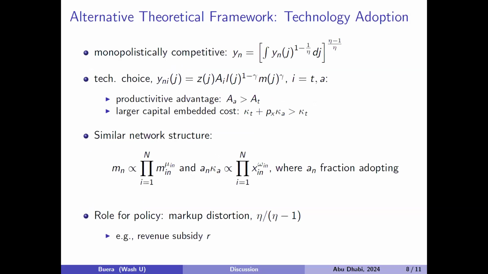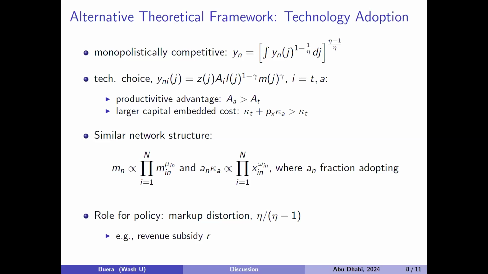Given the facts documented by the authors, I will argue that a more interesting framework would be one where there is a technology adoption margin. The results point to the fact that poor countries seem to be using different technologies.